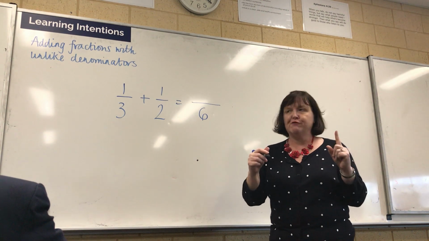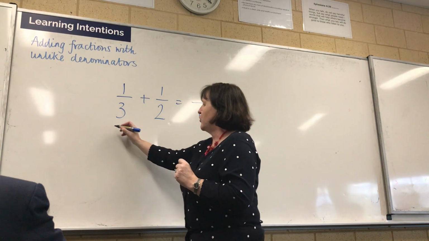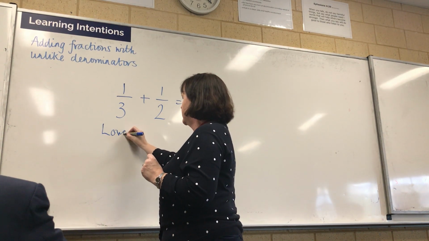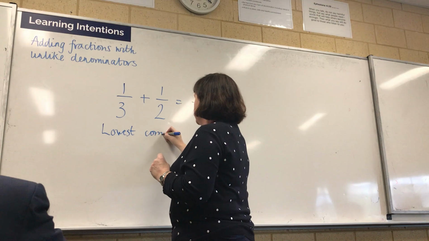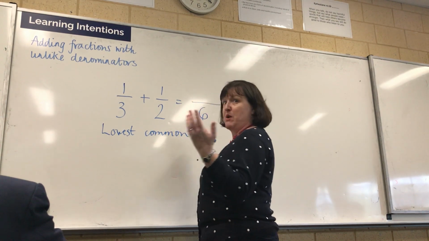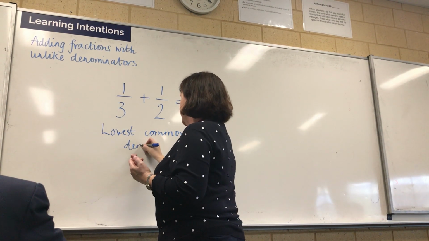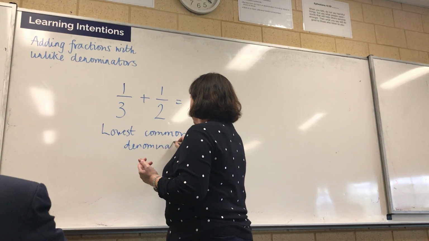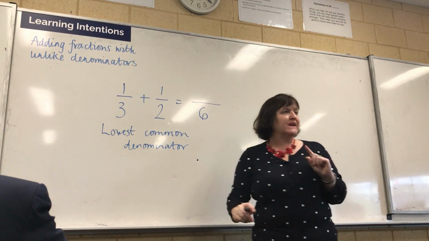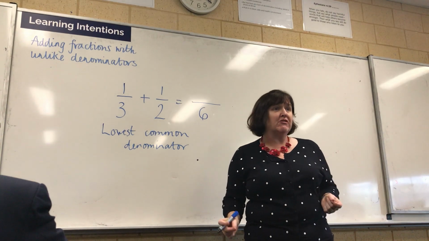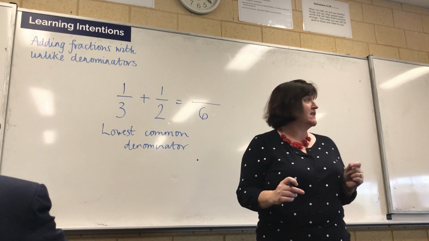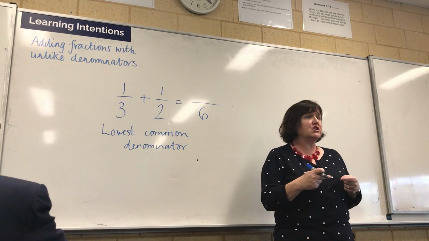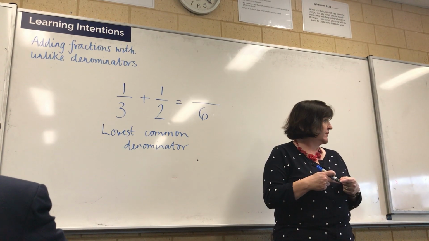So the word we're looking for is the lowest common denominator. Common means they both share it. Generally, you can find that by multiplying the 2 denominators together. Okay?